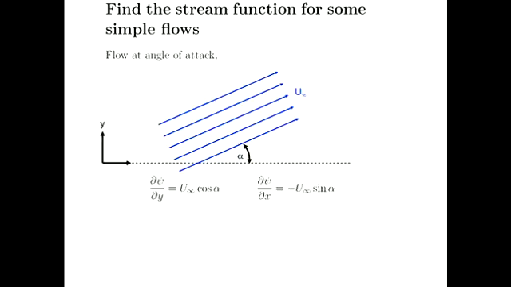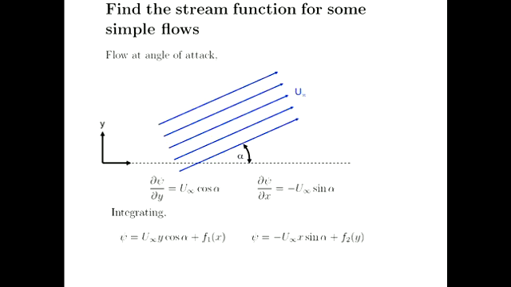And we go through the same process of integration, okay? I integrate U infinity cos alpha to get an expression for psi, and I also integrate minus U infinity sine alpha to get an expression for psi. And in this case, you should be able to see that the only way that those two equations are compatible is if that function of x, f1, is equal to minus U infinity x sine alpha, and if that function f2 is equal to U infinity y cos alpha.